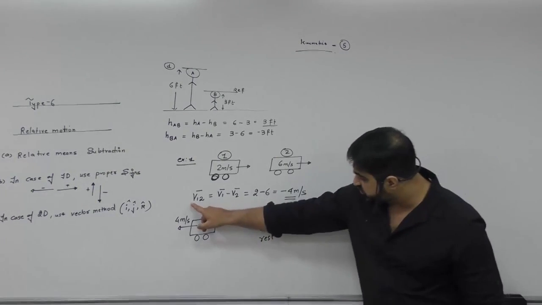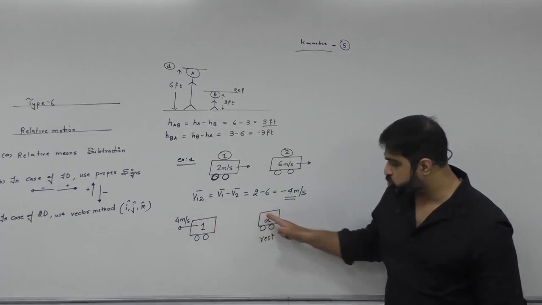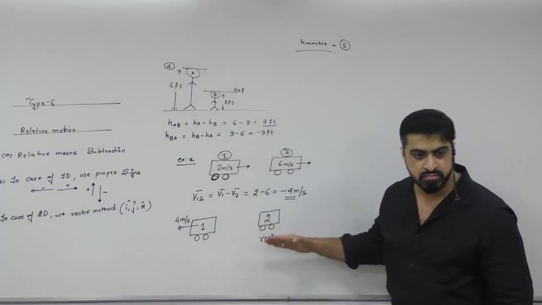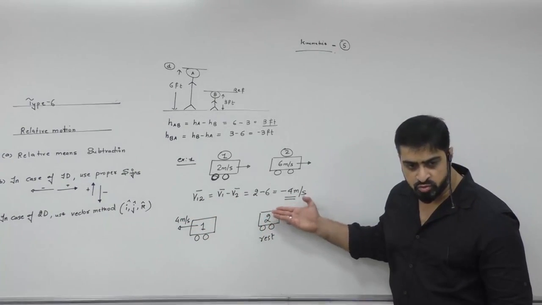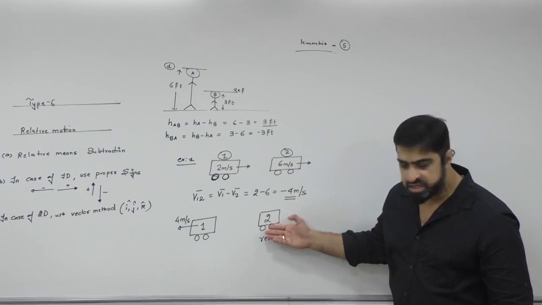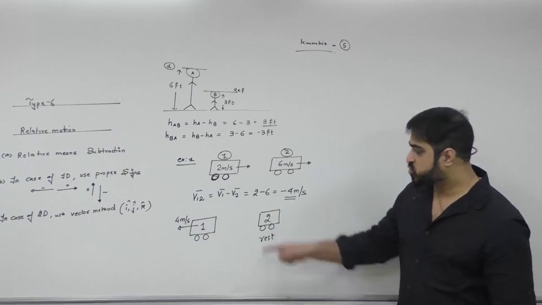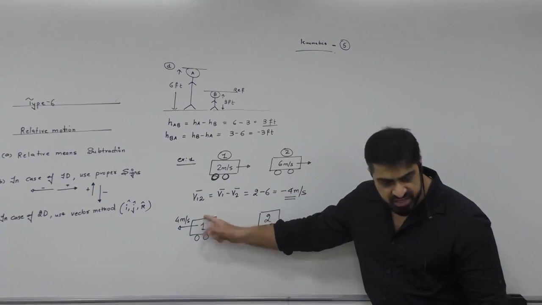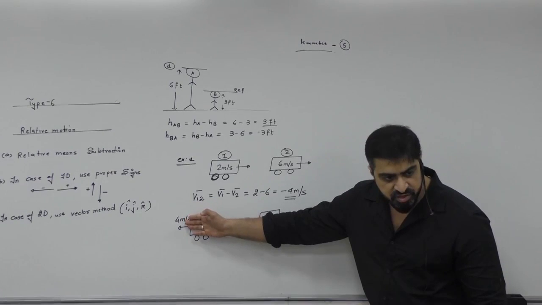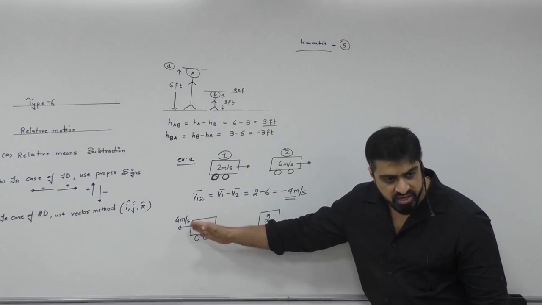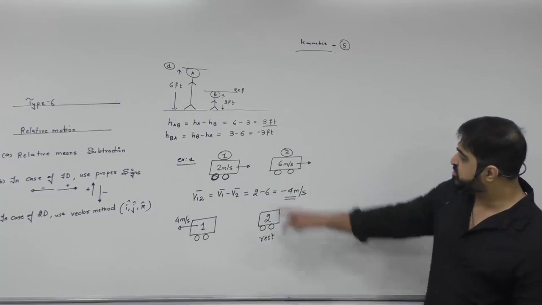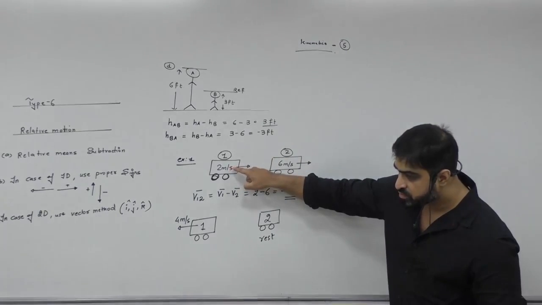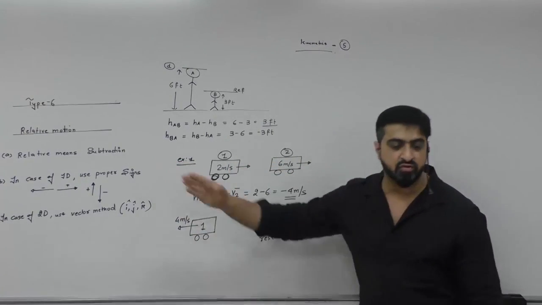That's why, velocity of 1 with respect to 2 means in your mind you stop 2. This all is happening in your mind. You will stop 2 and you will see where 1 is going. So 1 will go with minus 4. Minus means that direction. 1 is going in that direction with a speed of 4 meter per second according to 2. Actually they were moving this way, but when he looks at him, he appears to go back with 4 meters per second.